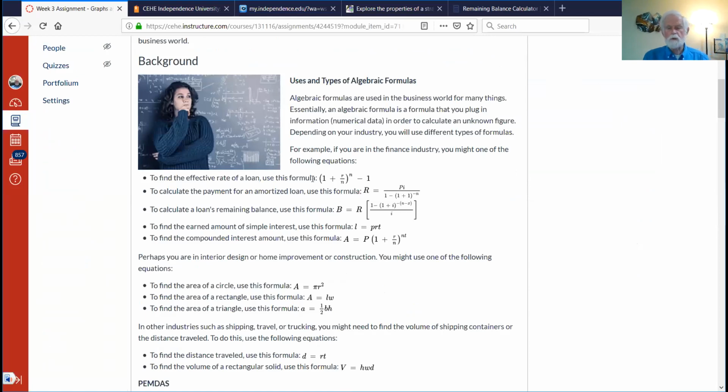Now, there's a difference between the effective rate and the stated rate. The effective rate is what you pay depending on the payments. And so this formula means, let's see if I can zoom in on this some.